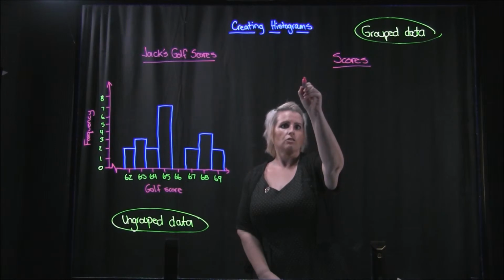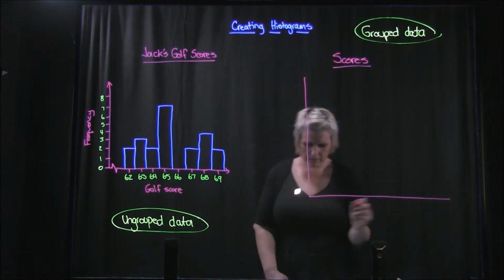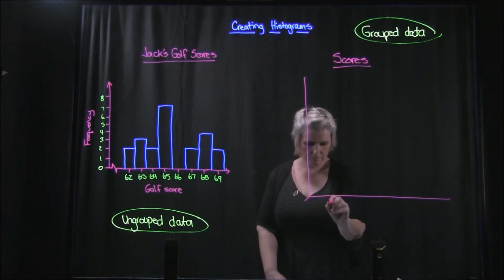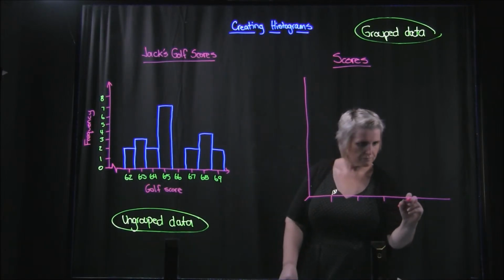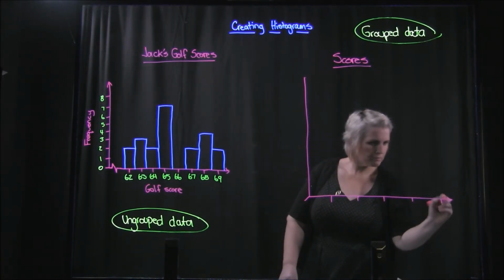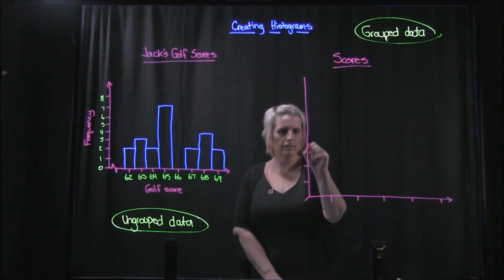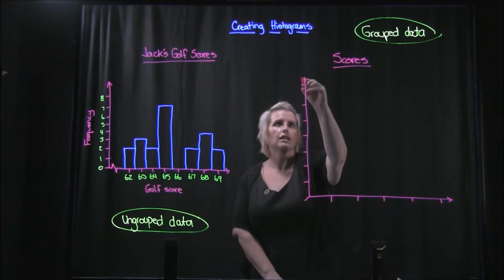I'm going to draw it quite long this way. I'm going to have 0, and then 20, 40, 60, 80, 100. And this way, 2, 4, 6, 8, 10, 12, 14.